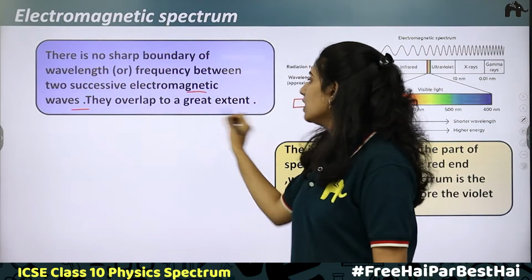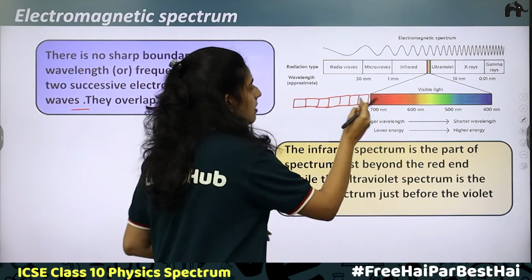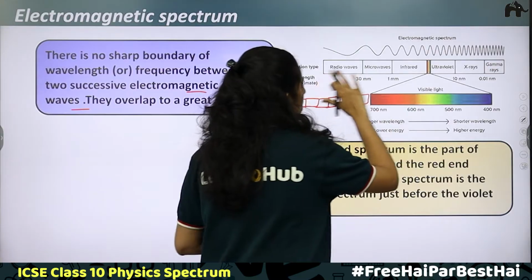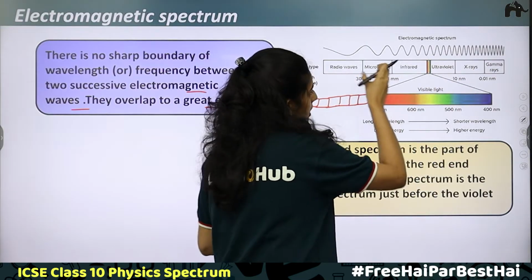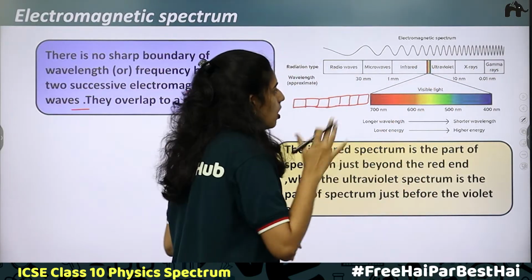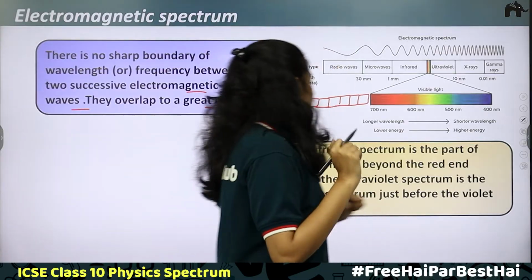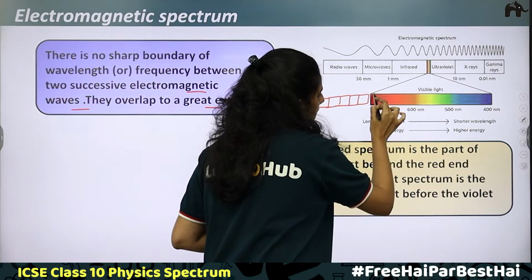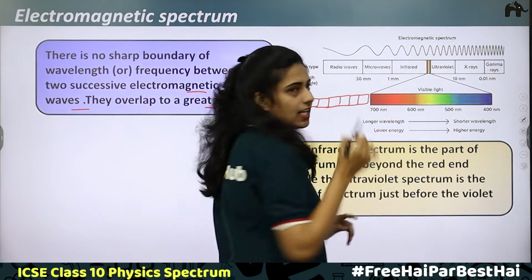They overlap to a great extent. Like the rays in visible light overlap, all other waves in the invisible spectrum also overlap.